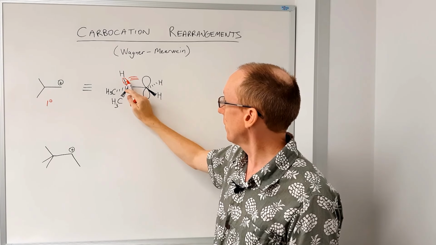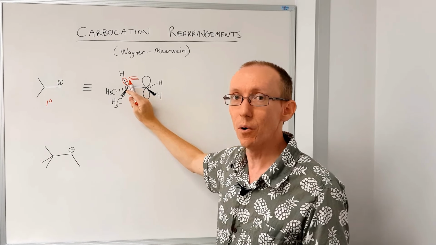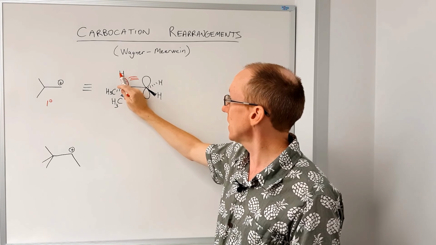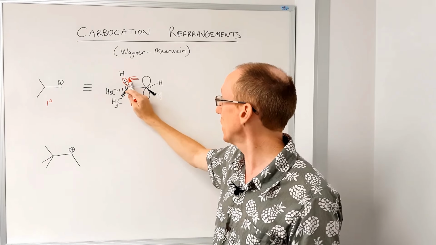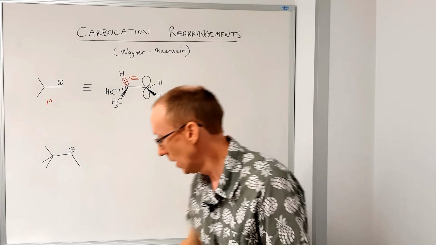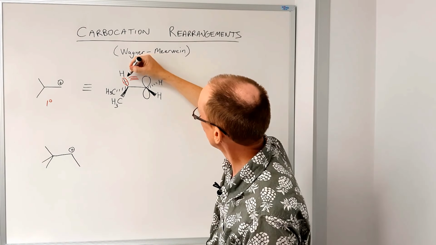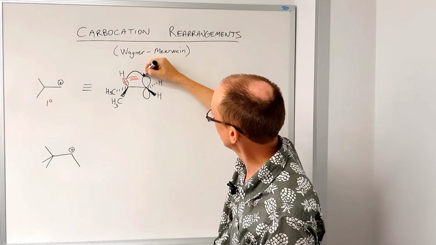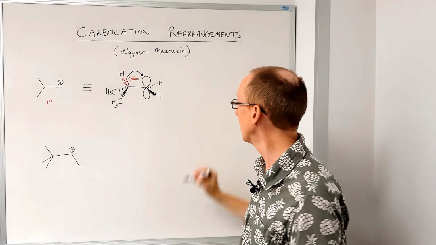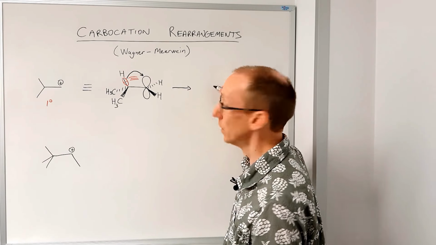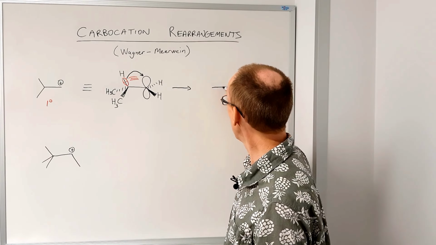Now what about if that overlap became something a little bit more? What about if those electrons wanted to migrate with the nucleus they're attached to over towards this p orbital? What would happen then? Okay, so if we do that, I'll draw curly arrows from that pair of electrons to that p orbital there. What we'll end up with is a new carbocation. So we'll have that carbon there.